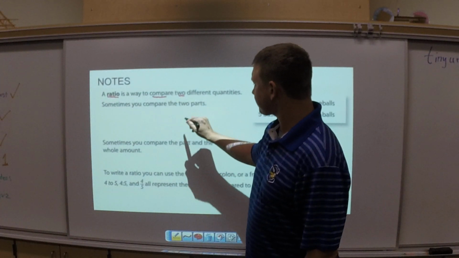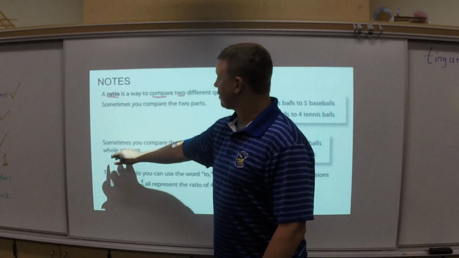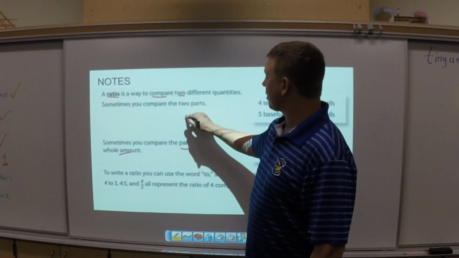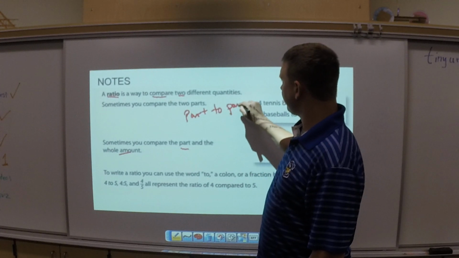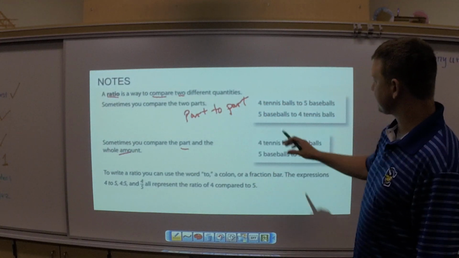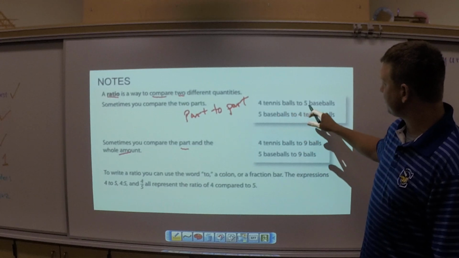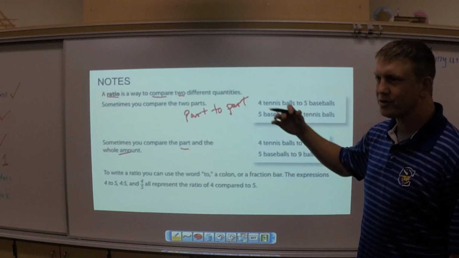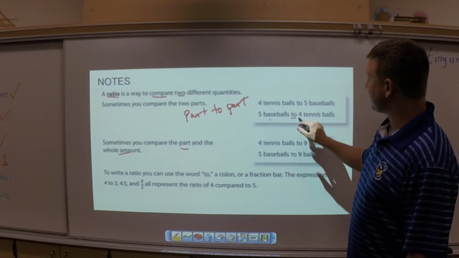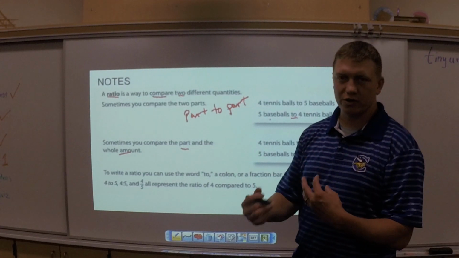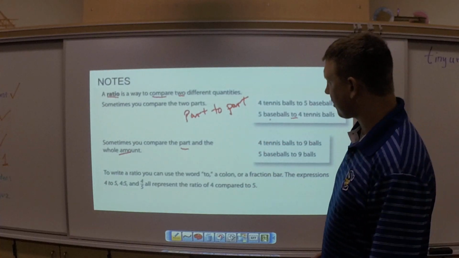Sometimes you compare part to whole, and sometimes you compare part to part. We'll give you some examples in a sec. Like 4 tennis balls to 5 baseballs. It's a part to a part. 5 baseballs to 4 tennis balls. We sometimes use the word "to" in order to make a comparison.